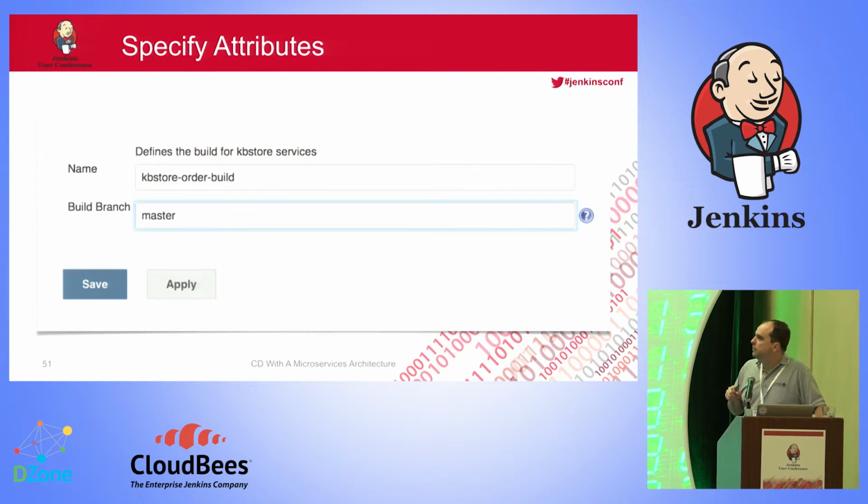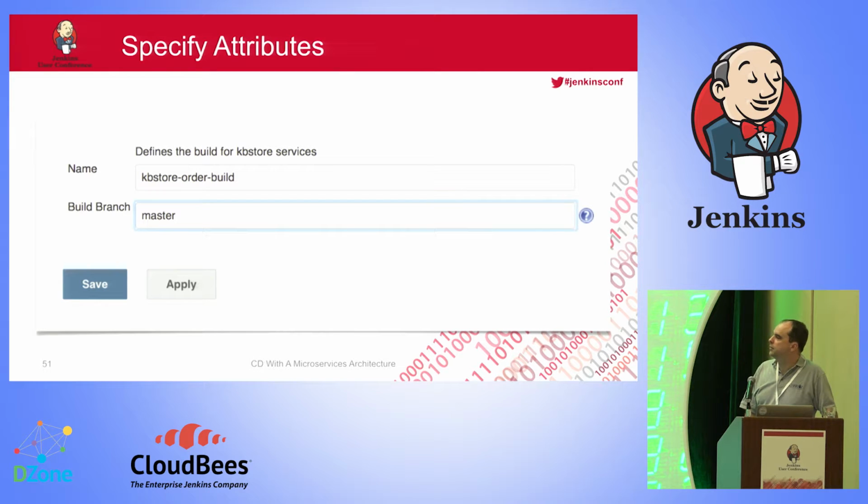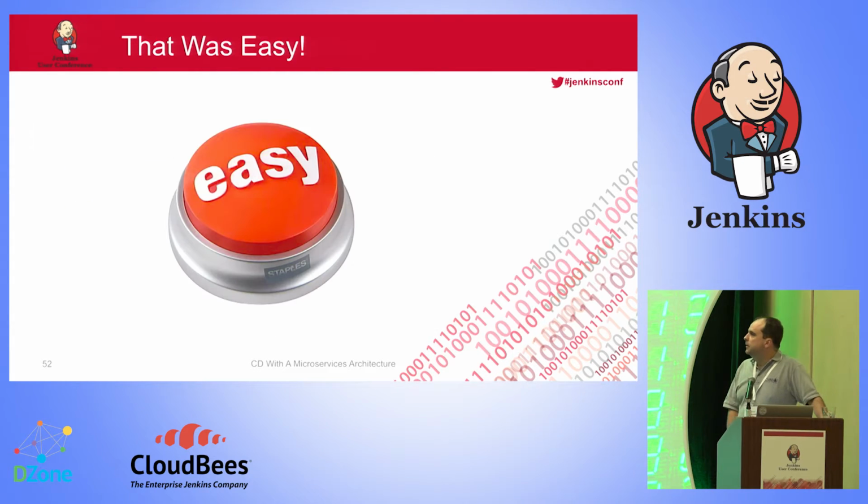And I specify my attributes. Here I'm just going to build off of the master branch, so I type that in. The name is automatically populated based on the name that was specified on the previous screen. And hit save. And we're done, and that was easy.